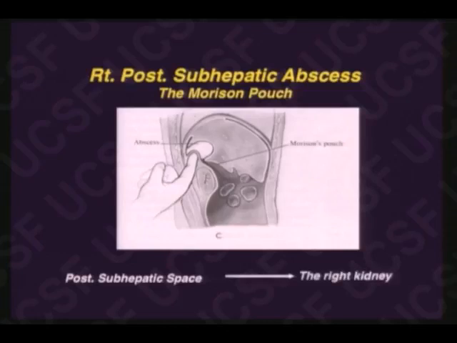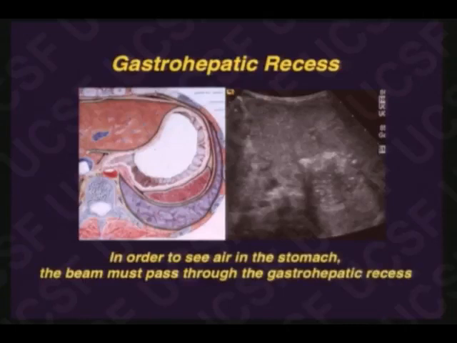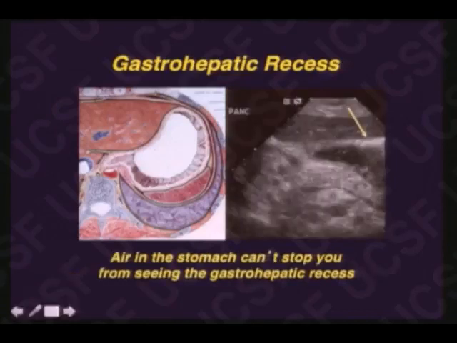I agree with that too. So you can appreciate that you couldn't possibly examine the right kidney and not find that abscess. The gastrohepatic recess, as we said, predominantly lies between the lateral segment and the stomach. So if we can see the stomach, we know that the beam has passed through the left subhepatic space or gastrohepatic recess. In fact, in order to see air in the stomach, the beam must have passed through the gastrohepatic recess.